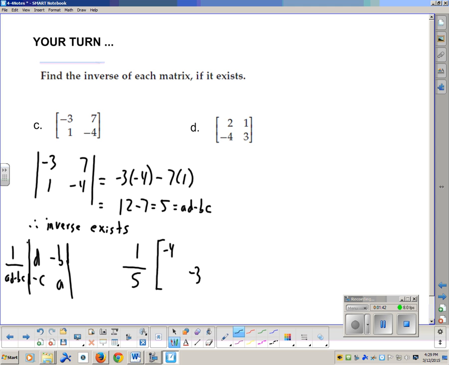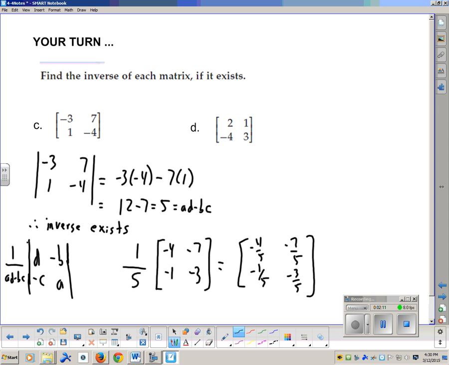I'm supposed to do the opposite of 1 and 7, so this is -7, this is -1. So we now distribute the 1/5 through there, and we end up getting -4/5, -7/5, -1/5, and -3/5. So there is our inverse matrix.